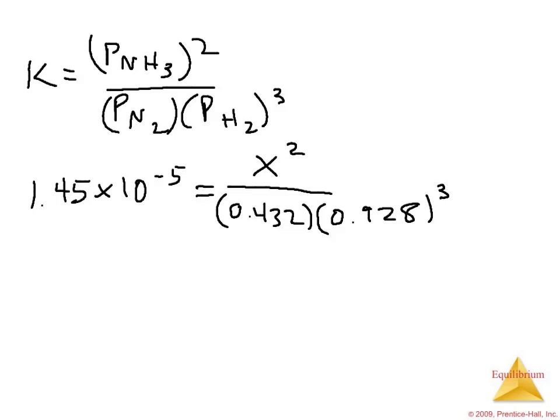If you take 0.432 and you multiply that by the 0.928 to the third, you should get 0.345 or something like that. And then if you take that whole expression and multiply it by the 1.45 times 10 to the negative fifth, okay?